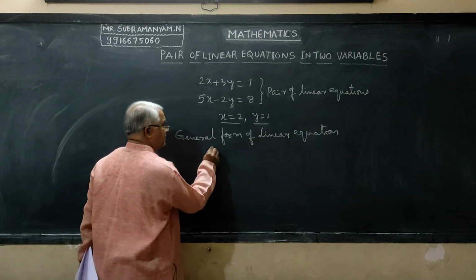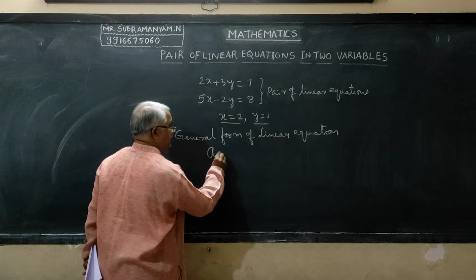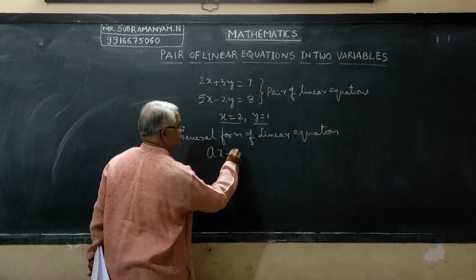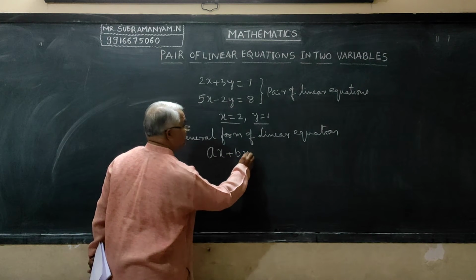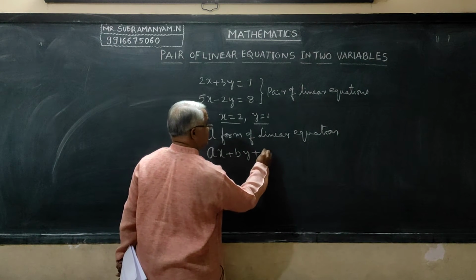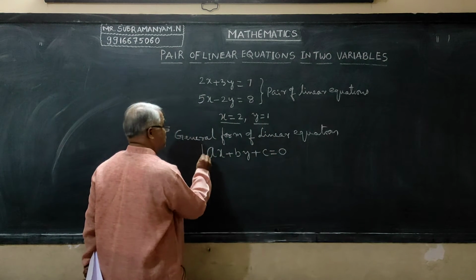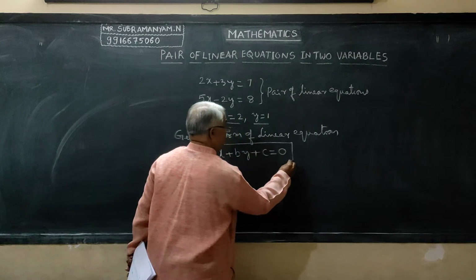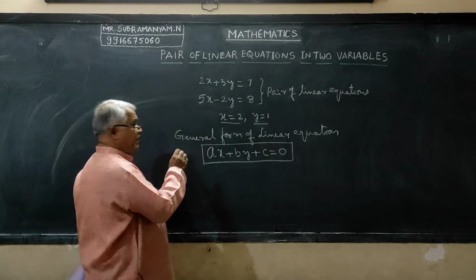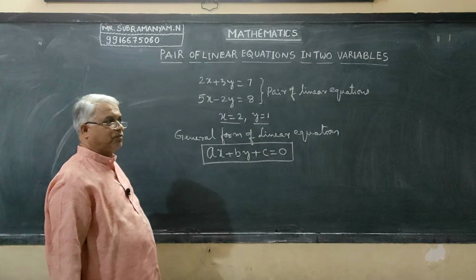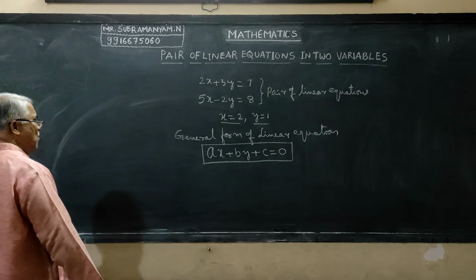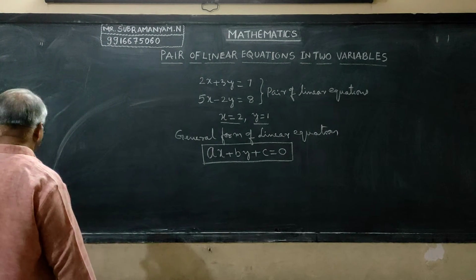So, general form is like this: ax plus by plus c equal to 0. This is called general form of linear equation. And in this general form, what are the terms that we have?